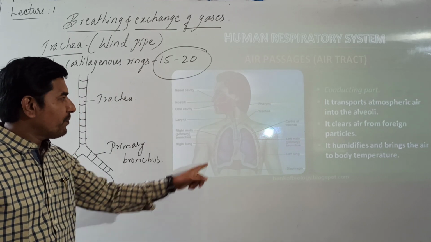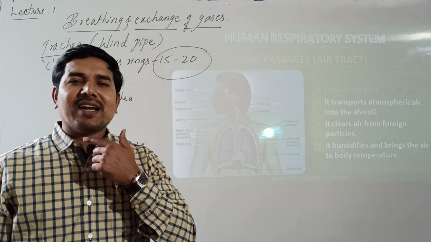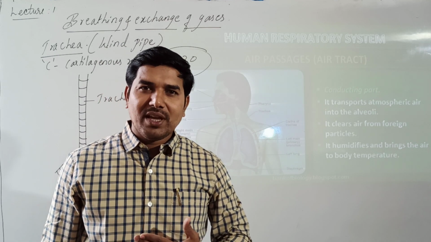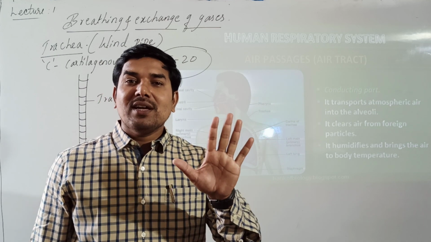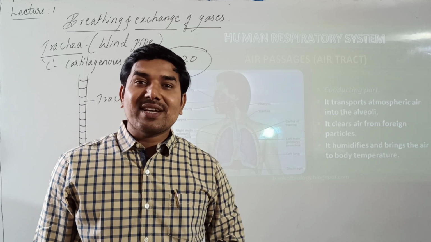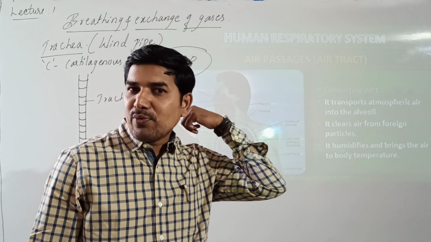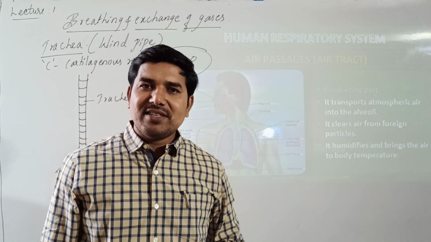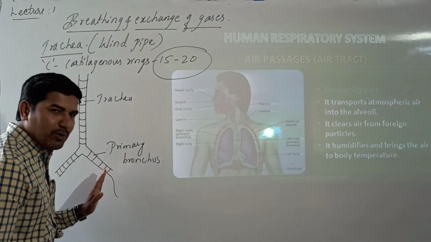And remember, the trachea, as it arises from the neck region, enters into the chest region, the thoracic region, at the 5th thoracic vertebrae. On the back side we have vertebrae. Exactly at the 5th vertebrae, it branches to form the primary bronchi.